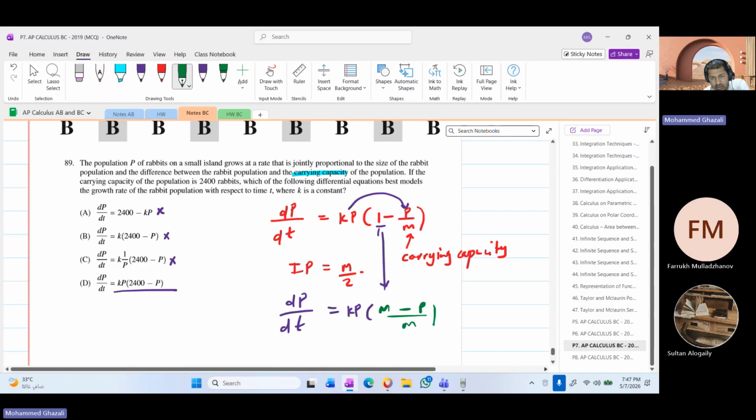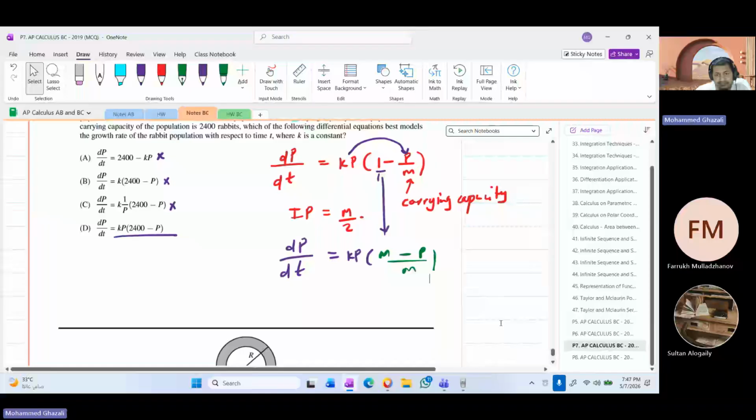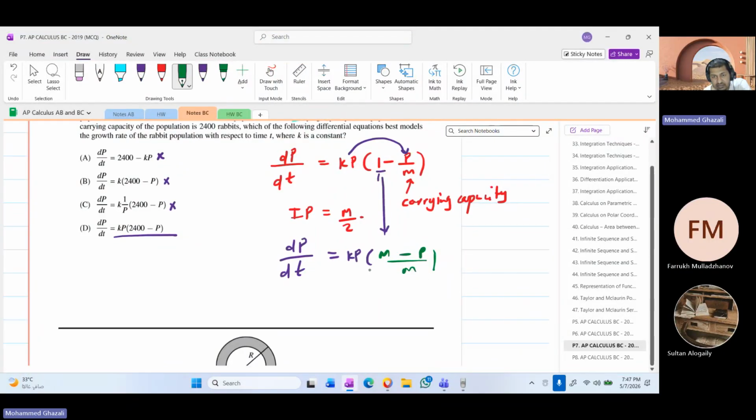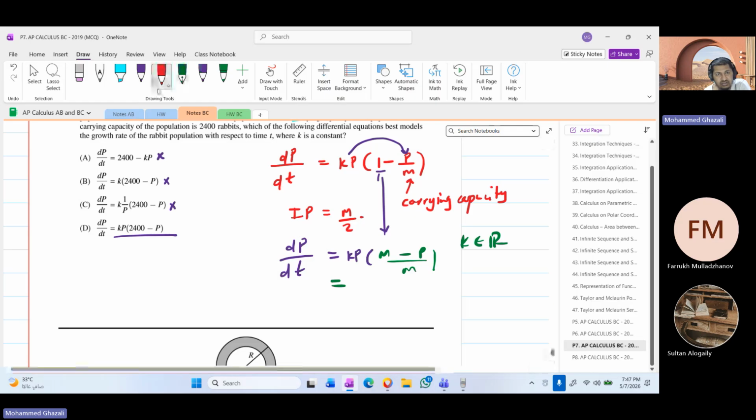And you can make another constant with K over M. Remember, K is just a constant, an element of the real numbers. So now if I take this M out, I will get K over M times P into M minus P. So you see M minus P appears here.